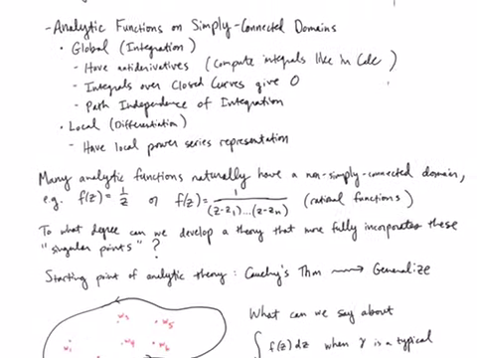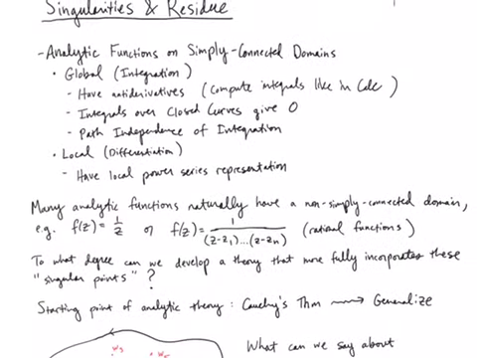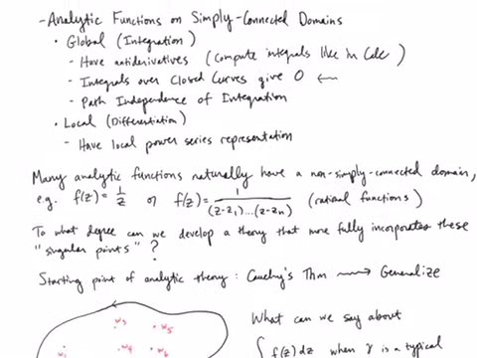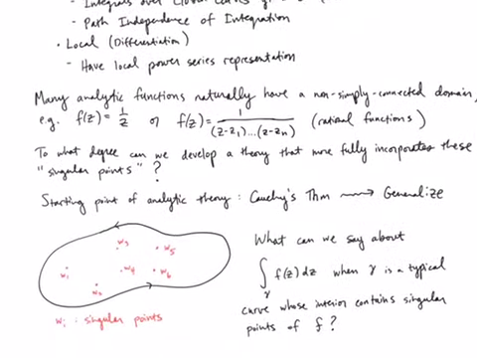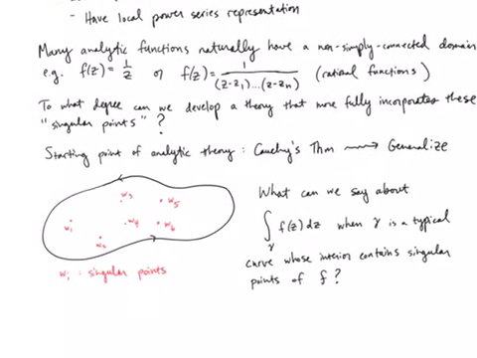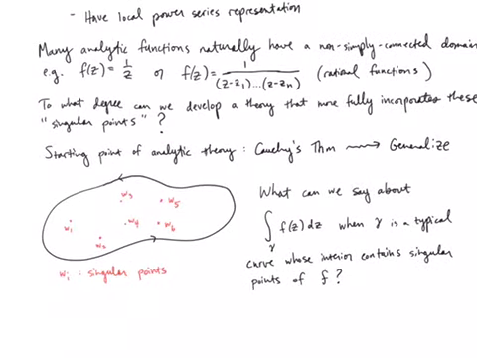The starting point of the theory for analytic functions was Cauchy's theorem: if the interior of the closed curve is contained in the domain, then an integral over that closed curve gives 0. What we would like to do first is have some generalization of Cauchy's theorem that incorporates the situation illustrated here, where you have an analytic function with some singular points.